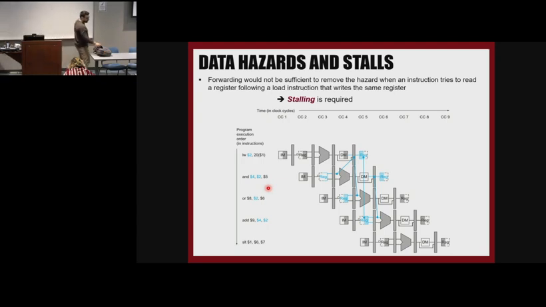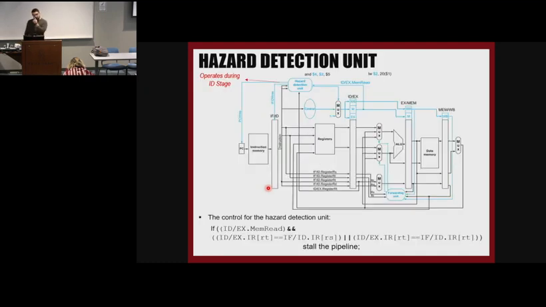We have to stall it as well. So this is an actual hazard. It's not just a dependency. The forwarding unit is going to fix a lot of dependencies, but this is a hazard, and we have to stall the pipeline.